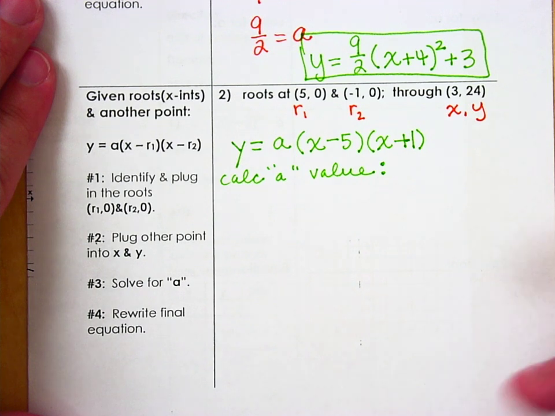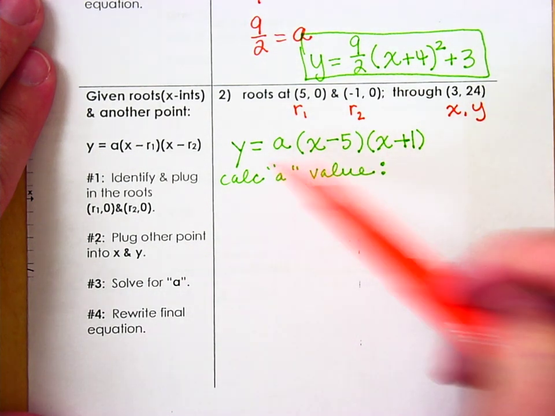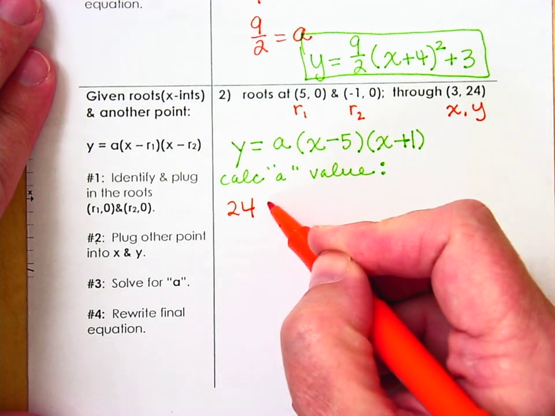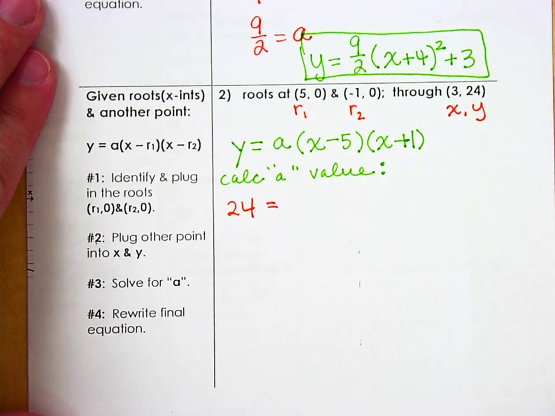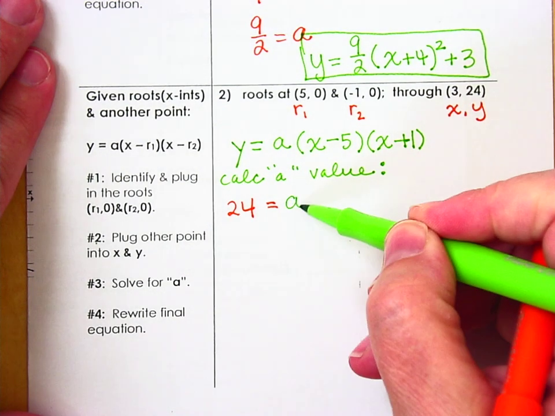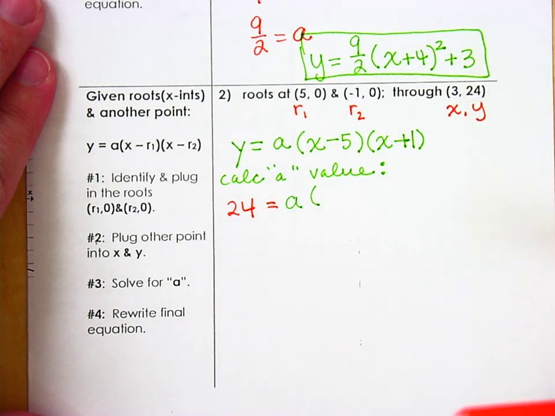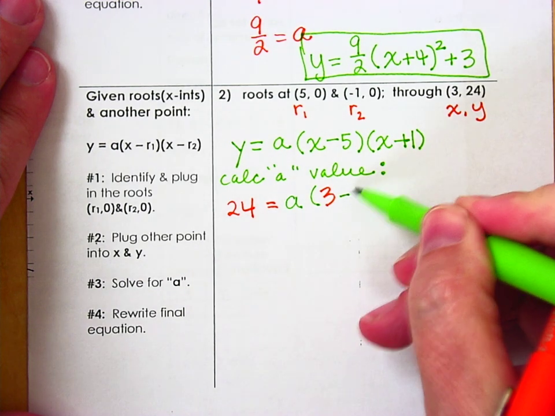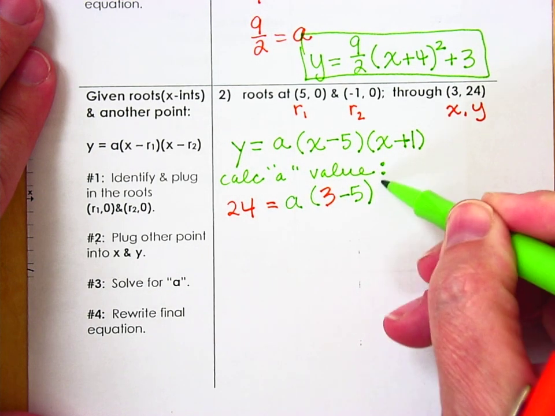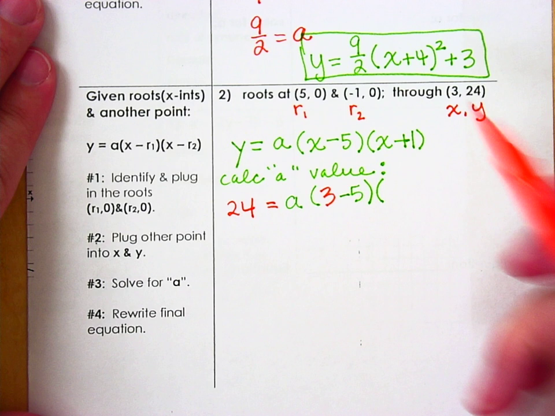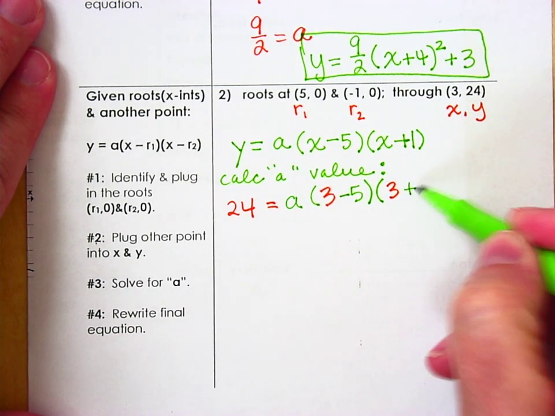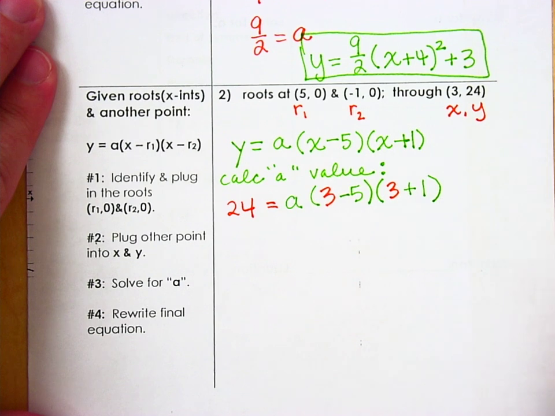So to do that, we're going to substitute our x, y points into the x and y variables. So y is 24 equals, the a comes down, parenthesis, the 3 goes in place of the x, minus 5, and then I have another x over here, so I need another 3 in there, plus 1, and then close parentheses.